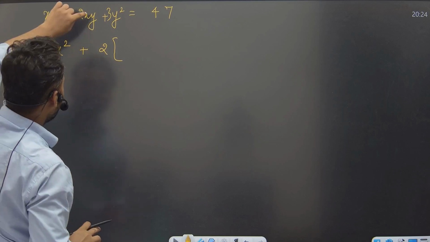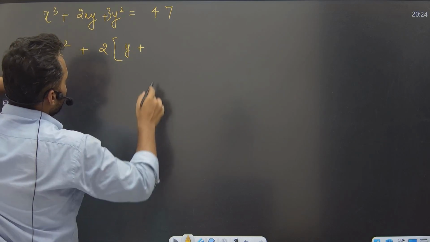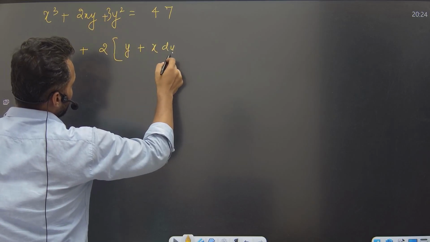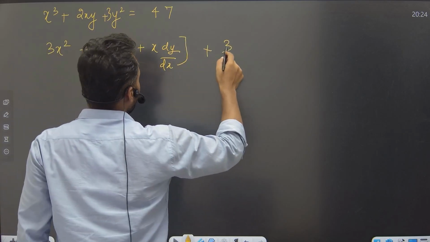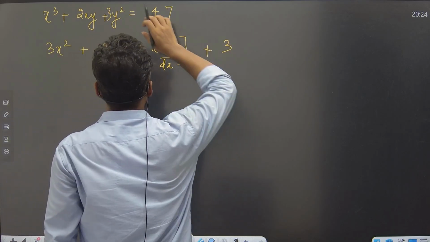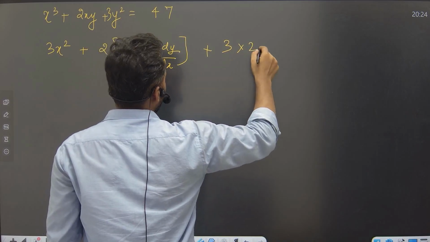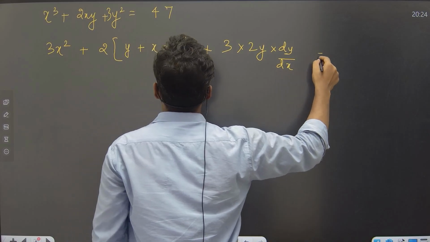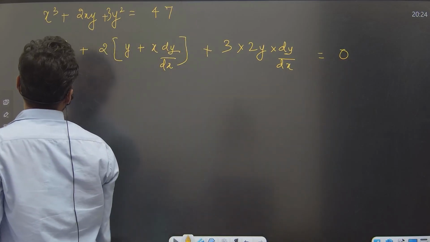First differentiation of x will be 1, so we'll be writing 1 y plus of x, and differentiation of y with respect to x will be dy by dx plus of 3y square. The differentiation of y square will be 2y, so it will be 3 cross of 2y into dy by dx. Equals to 0 because it is constant, so differentiation will be 0 here.